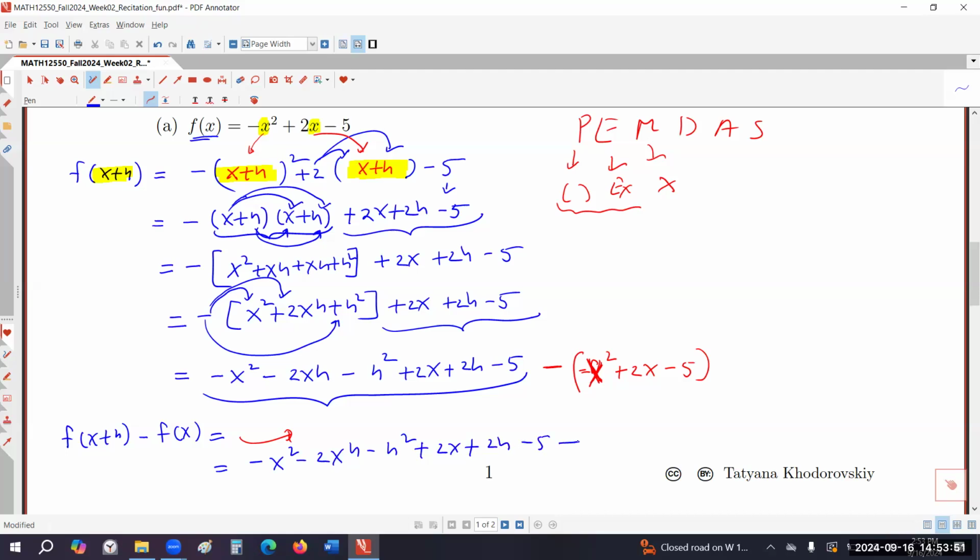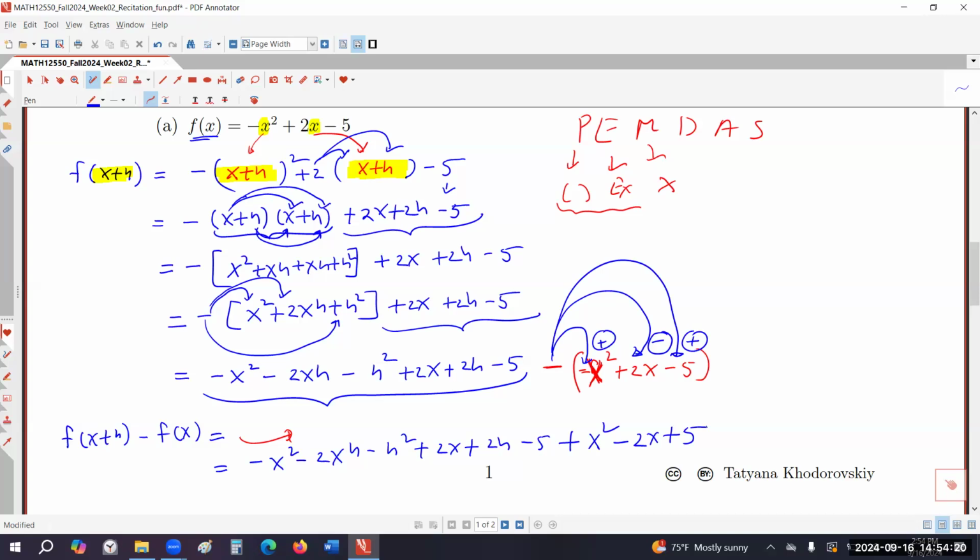And I'm subtracting, so negative and negative will turn into a positive x squared. Negative and positive will turn into a minus 2x. Negative and negative will turn into a plus 5.